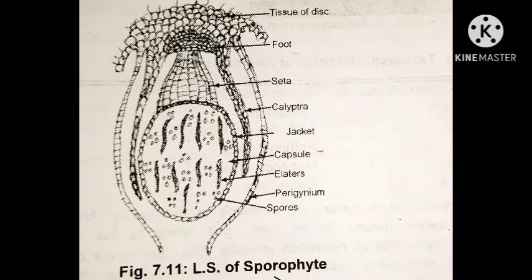Inside there are spore mother cells that undergo meiosis, and they develop into haploid spores. They may develop as a spore tetrad. Each spore has an exine and an intine. The intine is uniform and the exine is sculptured.